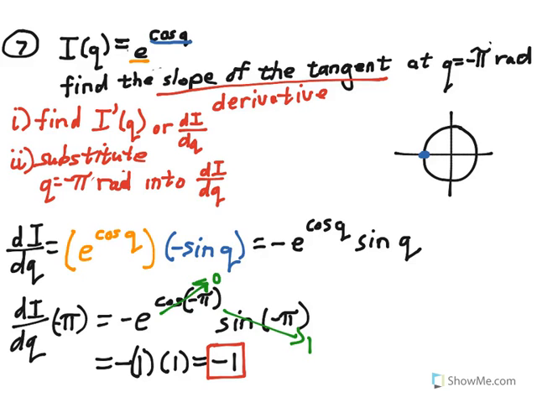And in this problem, problem 7, again, I seem to be unable to read a unit circle. So cosine of -pi is not 0.